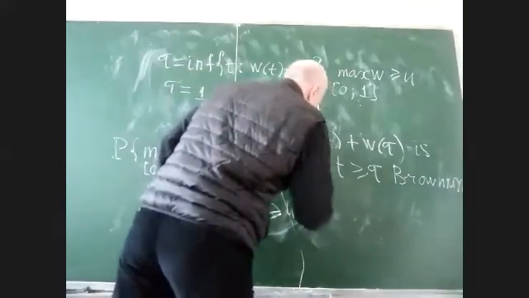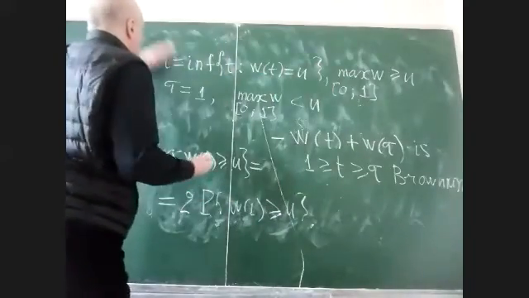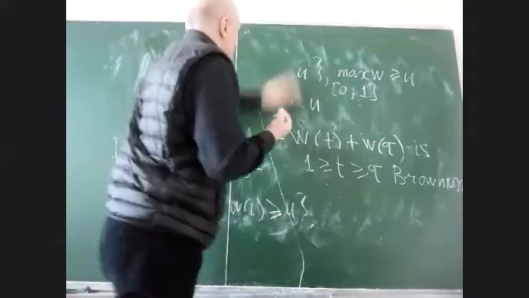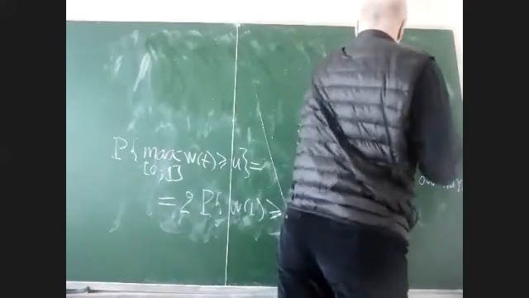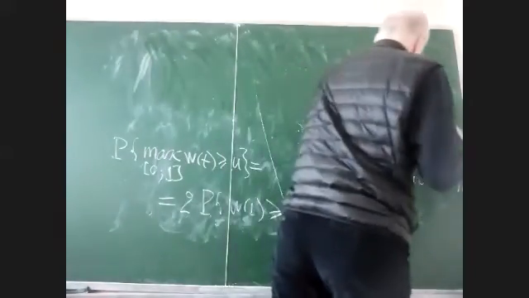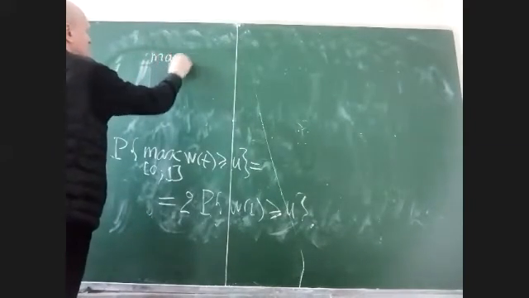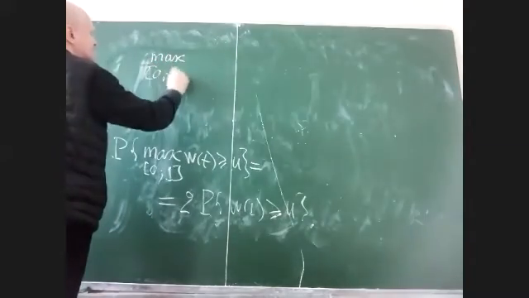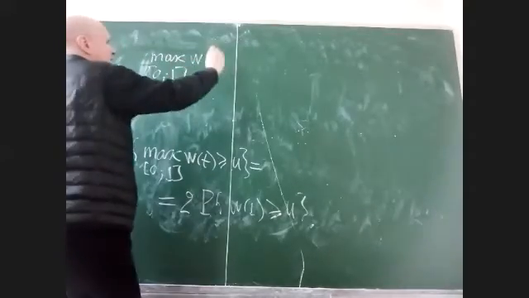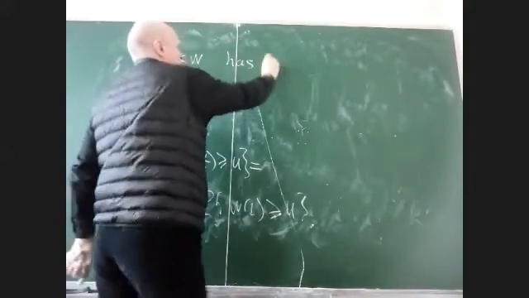So we know from here that the maximum has a density. Now we know that the maximum of W has a probability density.